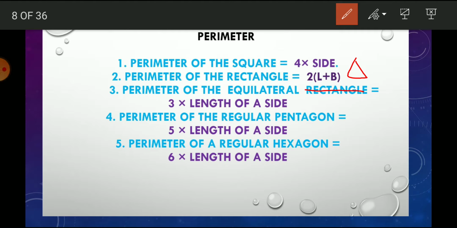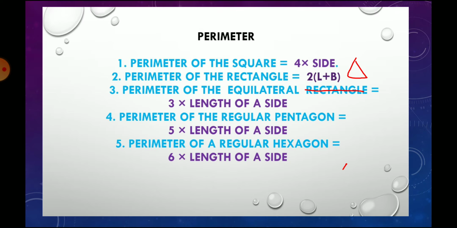Perimeter of the regular hexagon: it has six sides, so 6 into length of a side. A regular nonagon has 9 sides, so 9 into length of a side. Like this we can use heptagon and octagon.